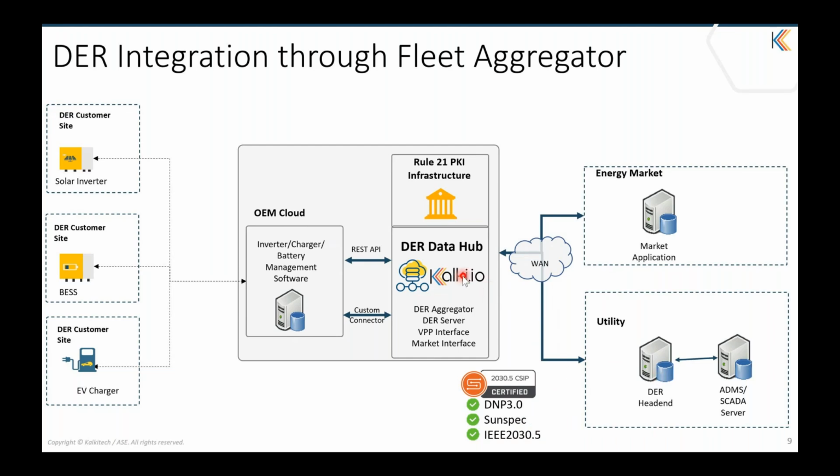The same system aggregator can also be used to integrate with the energy market applications, to participate in the day-ahead or real-time market, as well as the ancillary market options. So it serves both utility integration as well as market participation functionality.